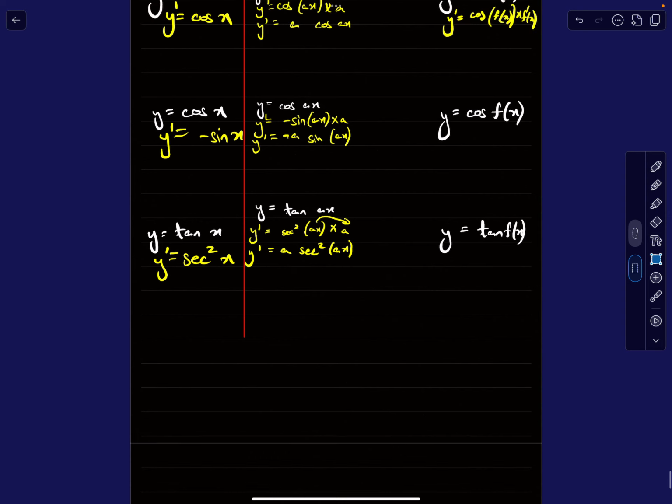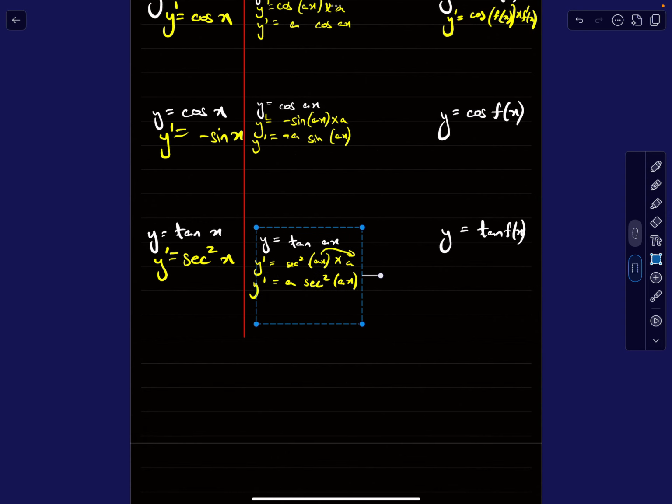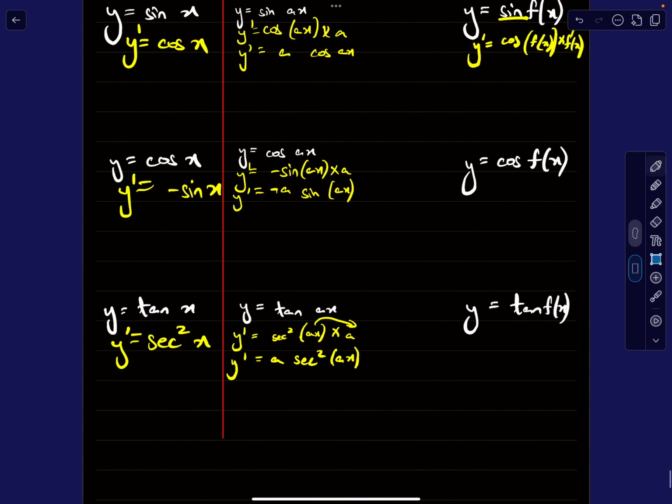Alright, so we have y equals cos f of x. In this case, we have y prime, the differential of cos, that is minus sine, f of x remains as it is, multiplied by the differential of f of x.